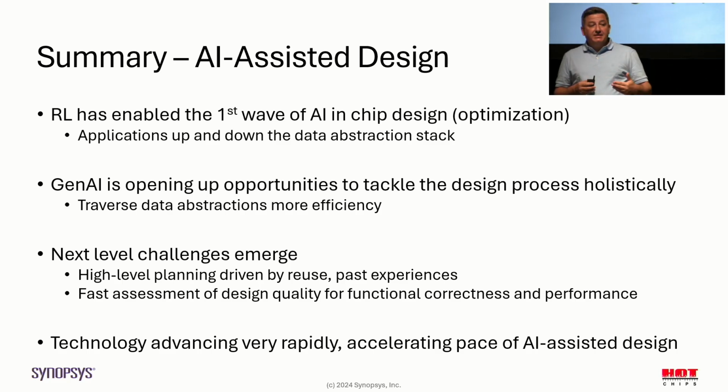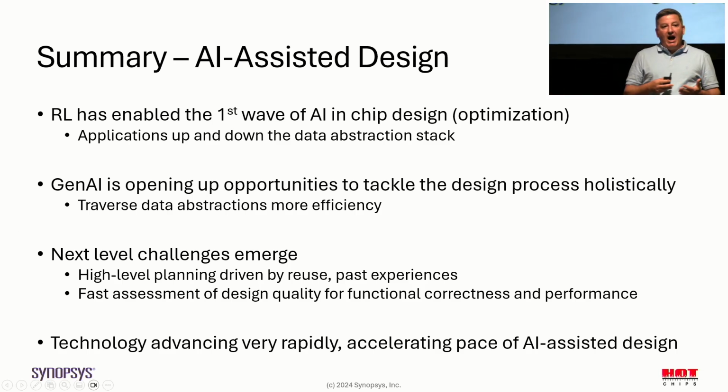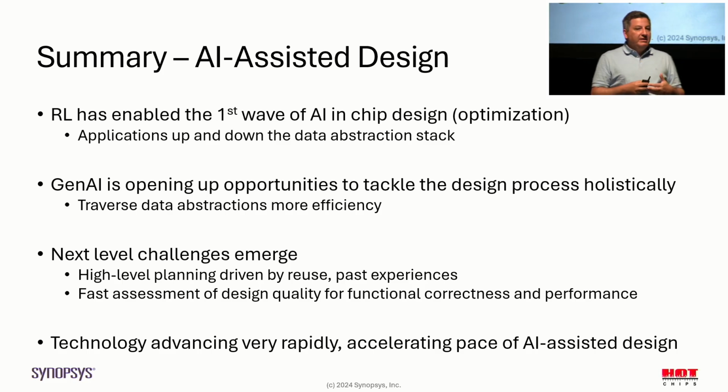As I said, this has led to a very important adoption across the industry and proven in production across the board. I see a runway for the next 10 years of solutions penetrating new domains and combining to give us new optimization capabilities. Generative AI is coming in and is opening up opportunities, and the opportunity here is to tackle the design process more holistically.